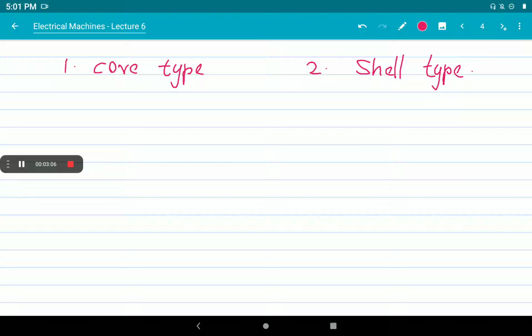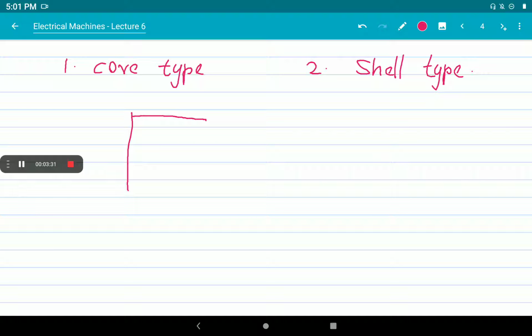In core type, I can represent the lamination. We have already told that to reduce the eddy current loss, we made the conducting ferromagnetic core into laminations. So I am representing the lamination of a core.